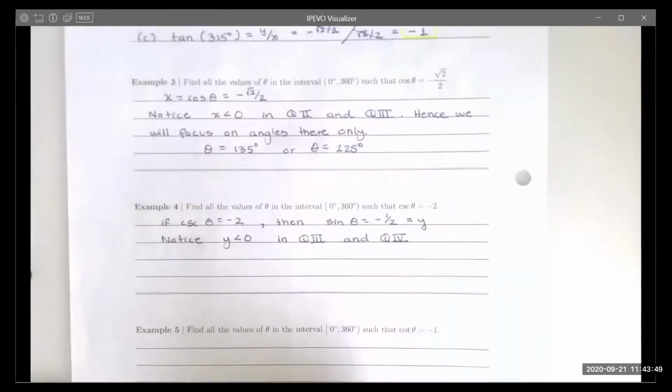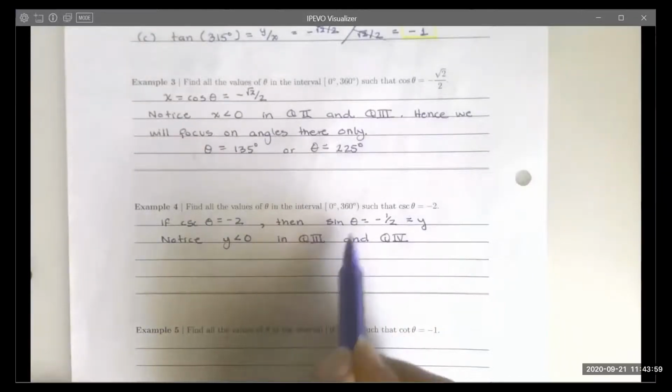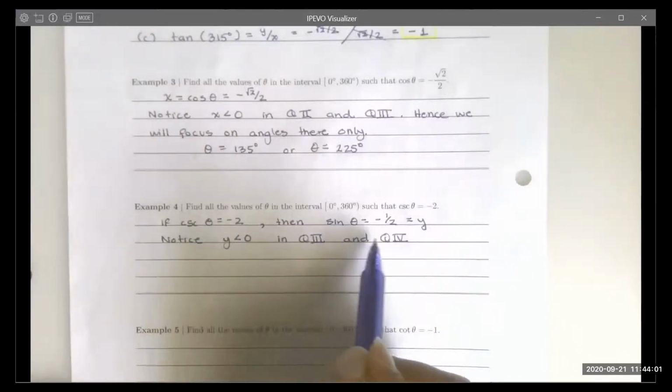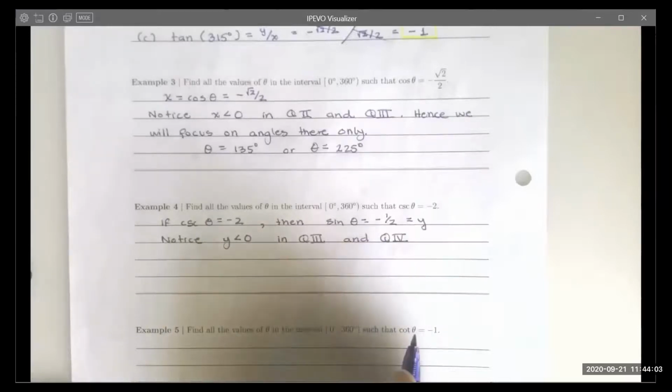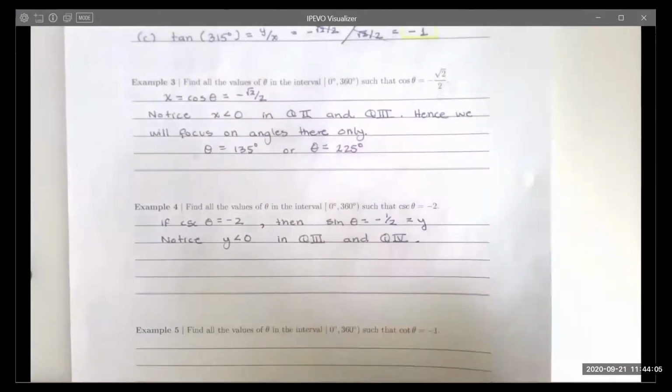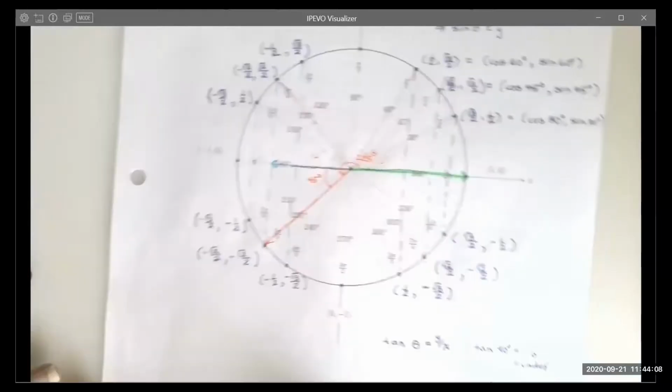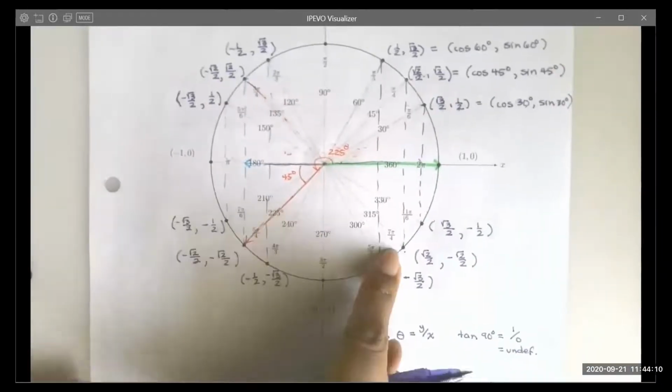Because all of the points in quadrant 3 and quadrant 4, we have to go down below the x-axis to reach them. So that means that they have a negative y value. So we're going to be focusing on angles that are in those two quadrants, in quadrant 3 and quadrant 4. So let's go over to unit circle. Here are quadrant 3 and quadrant 4.